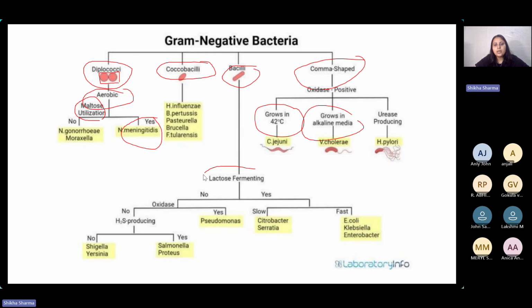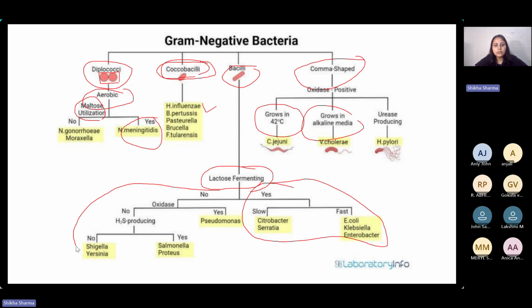And bacillus, they can basically be cocci bacillus, which includes influenza and other kinds of bacteria. Bacillus have the lactose fermenting capability. If they can ferment the lactose, then they can be classified into another class.